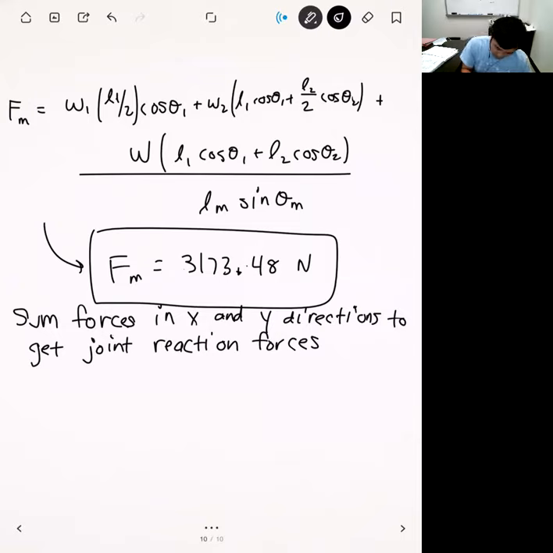All right, so we have a sum of the forces in the X direction. This is equal to Jx minus Fm.